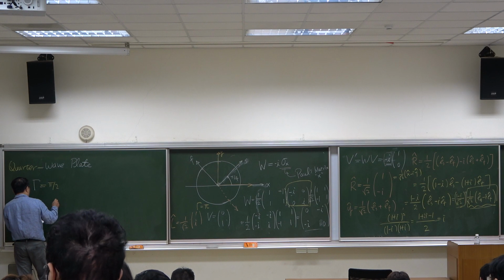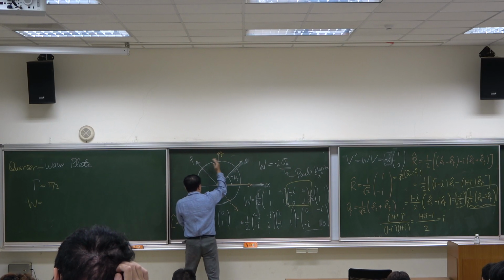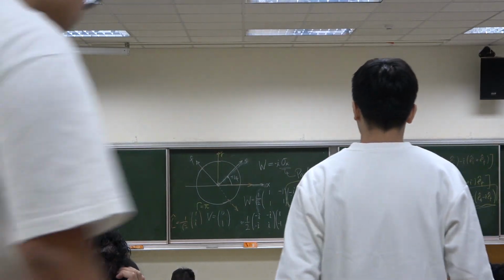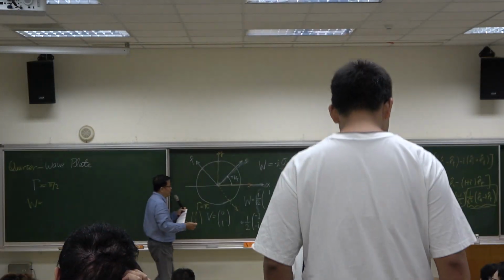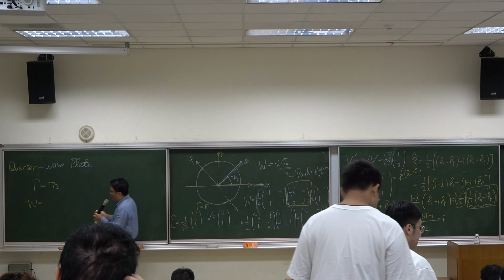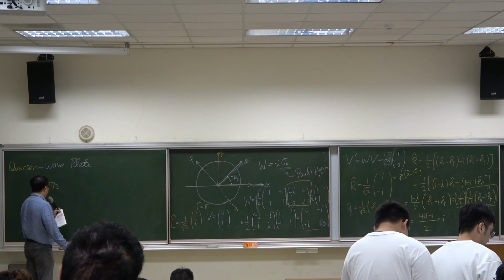W is equal to, we still use this orientation, pi over 4, or 45 degrees. The s-axis with respect to the x-axis, the angle between them is 45 degrees.